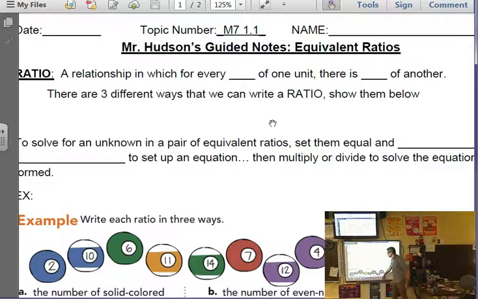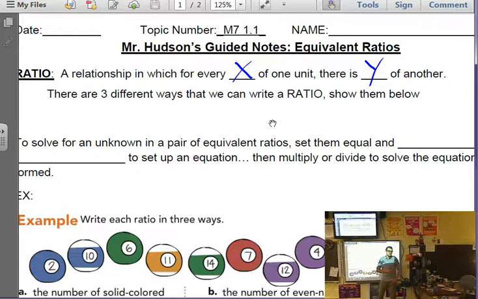But what a ratio really is, is a relationship in which for every x of one unit, there are y of another. So we're just comparing two different values, and we would write that ratio in three different ways. You have three different options, which again sometimes makes things difficult. But the first way we normally see it is a verbal comparison.